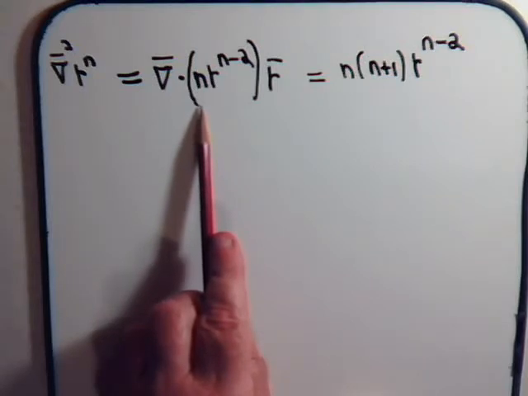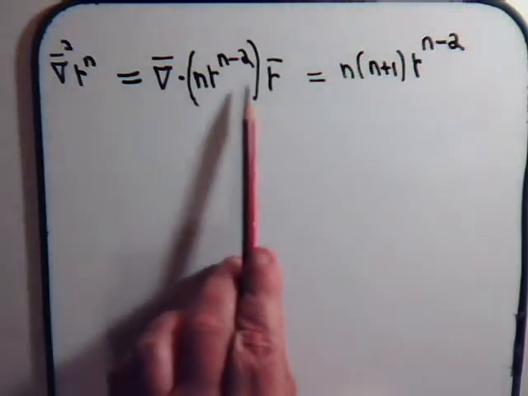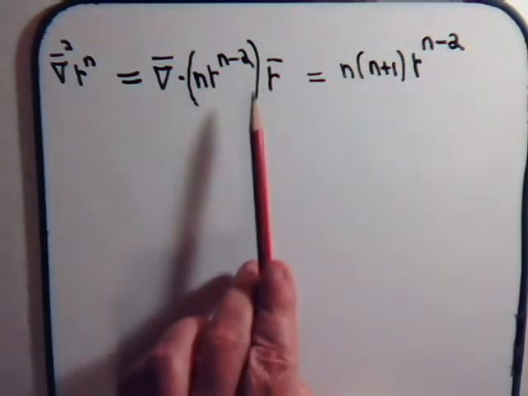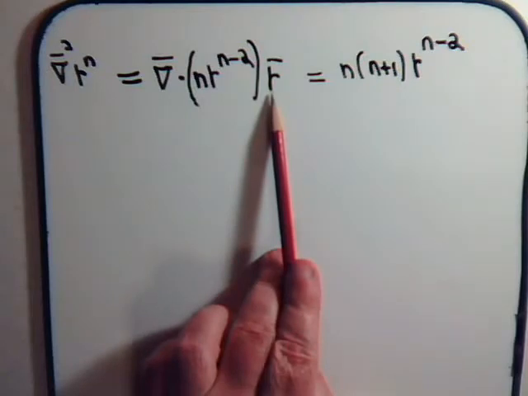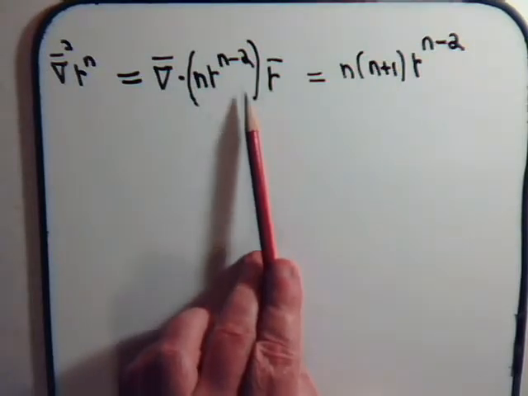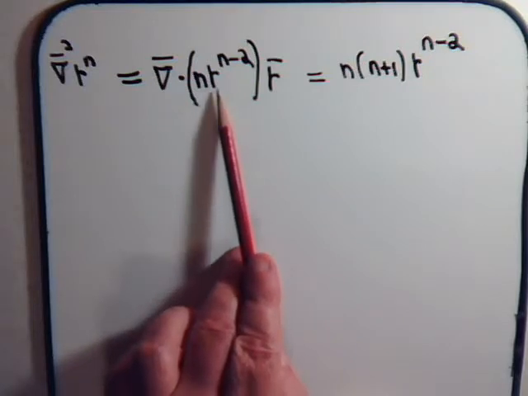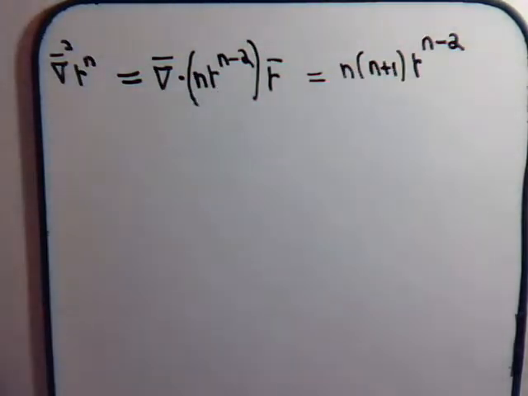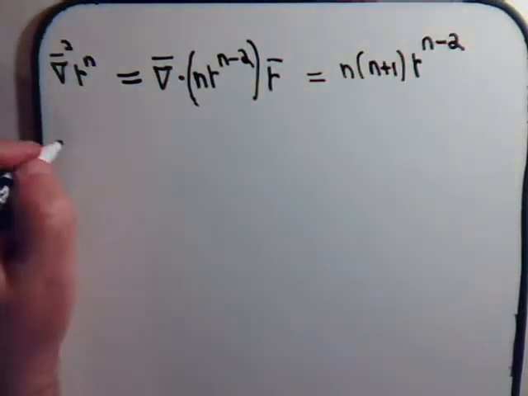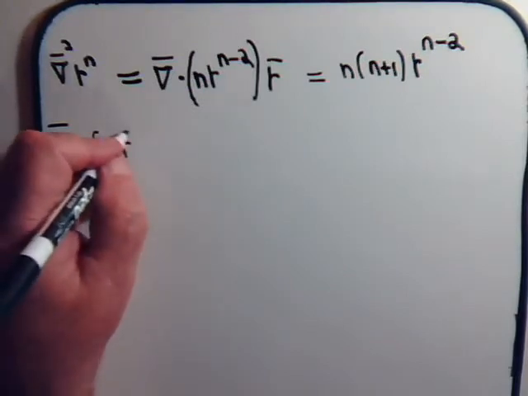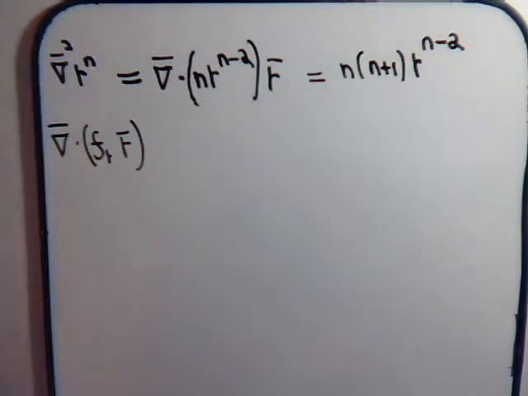We can write out a general formula for this type of situation, where we have our position vector r that's being multiplied not just by a scalar, but by a function of r itself. So we have del dot some function of r times the position vector r.